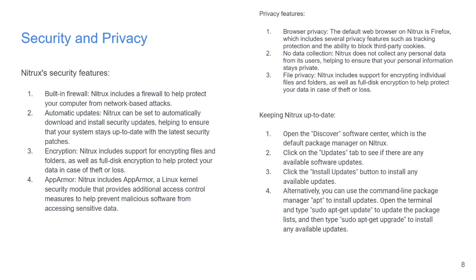Nitrux includes AppArmor, a Linux kernel security module that provides additional access control measures to help prevent malicious software from accessing sensitive data. So the privacy features are browser privacy and no data collection, and you can enable those in the settings of Nitrux. And keeping Nitrux up to date just gives you a simple how-to.